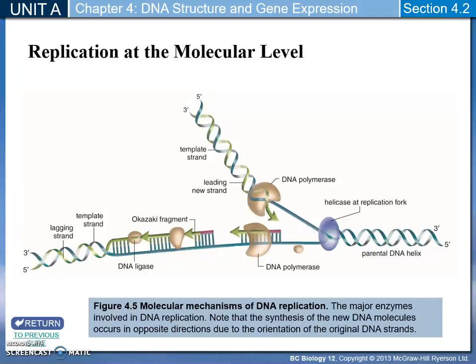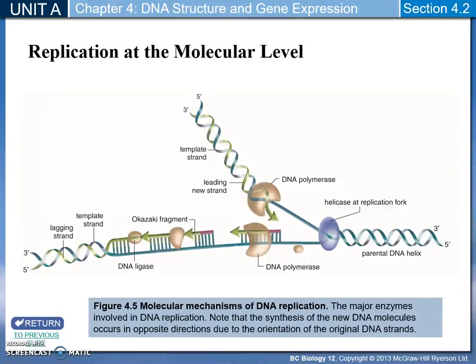First, we start out with the parental DNA helix on the right, and then we have the helicase at the replication fork, and then we have the DNA polymerase, which lays down the complementary base pairs, and then the Okazaki fragments are joined together to create the new DNA strand, or actually we get two, and each one would be identical to the original.